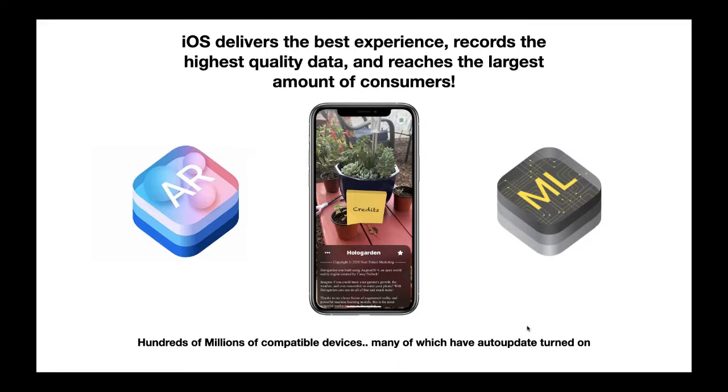And I think that's the key point into why I've been so successful with ARKit, and why I really preach the workings and foundations of ARKit, guys. It's really, really strong. And you can't beat the fact that there are hundreds of millions of compatible devices, many of which already have auto update turned on.